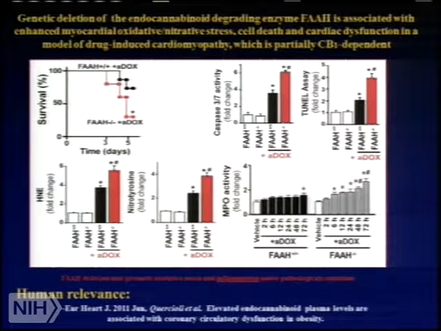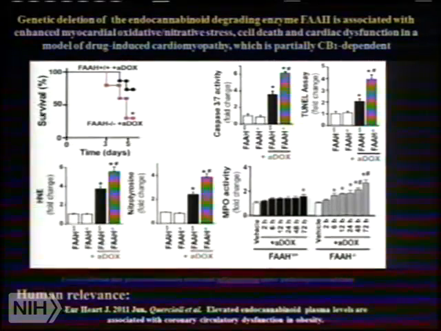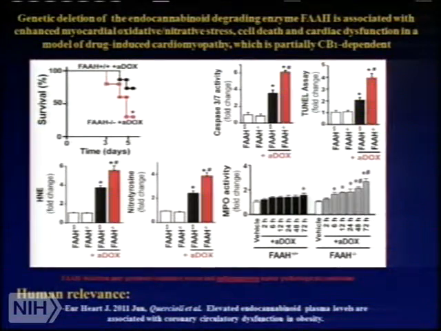So in this model, we use doxorubicin, which is a very widely used chemotherapeutic drug, known to induce mitochondrial oxidative stress. And unfortunately, it can induce heart failure, which sometimes occurs only months or years after the treatment with this chemotherapeutic drug, and this is very widely used, like in breast cancer and various other tumors.